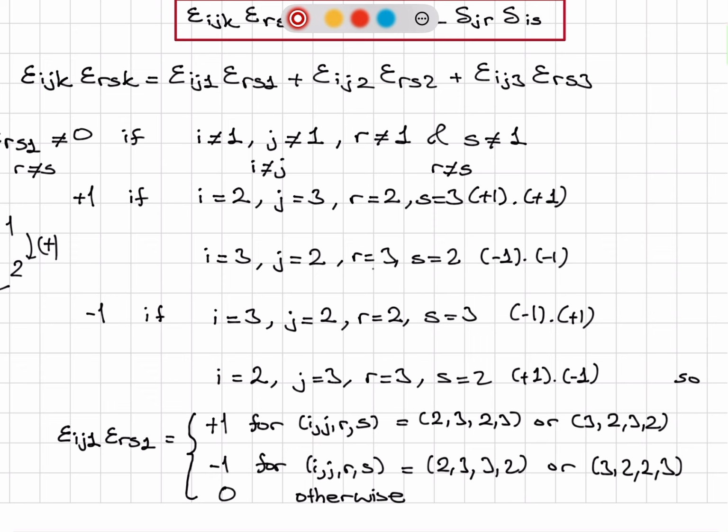Also you see that when i and j are 2 and 3, the other terms will have a repeated index, so that's going to be 0. So this is going to give me plus 1 when I have this scenario for the indices.